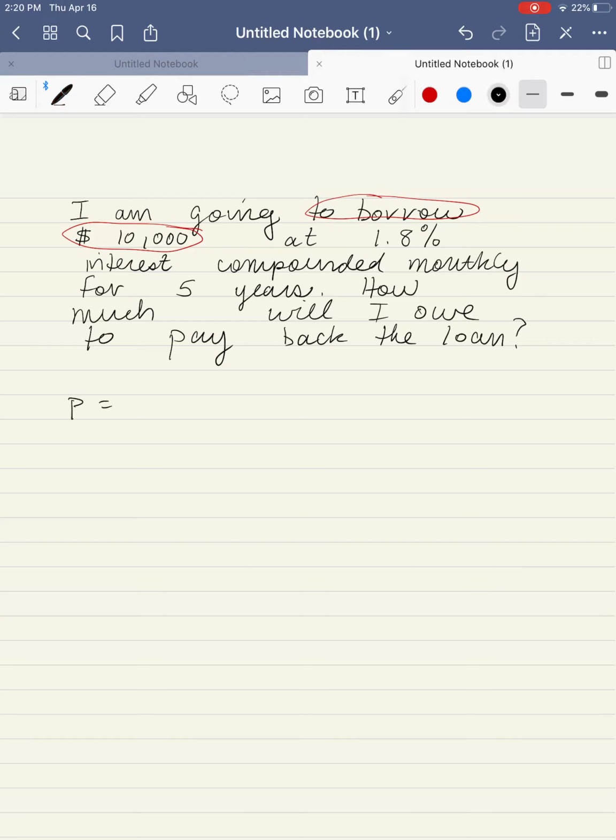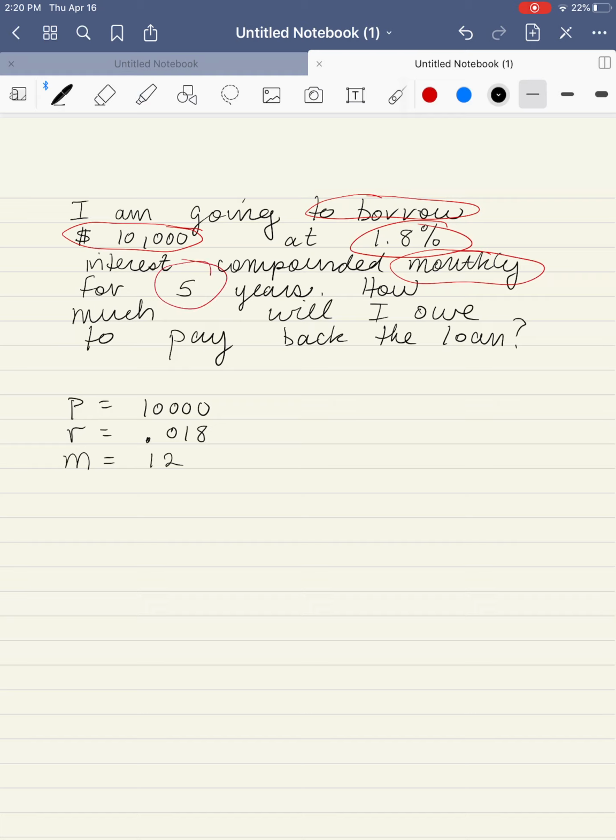So we see that I'm going to borrow $10,000. That happens at the beginning, so that is my capital P. Compounded at 1.8% interest, so that's my interest rate. And I move my decimal to the left 2 places, 0.018. Compounded monthly.